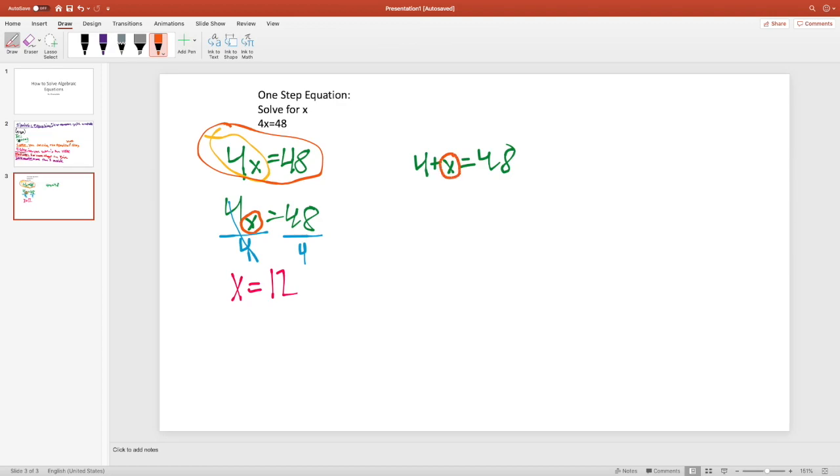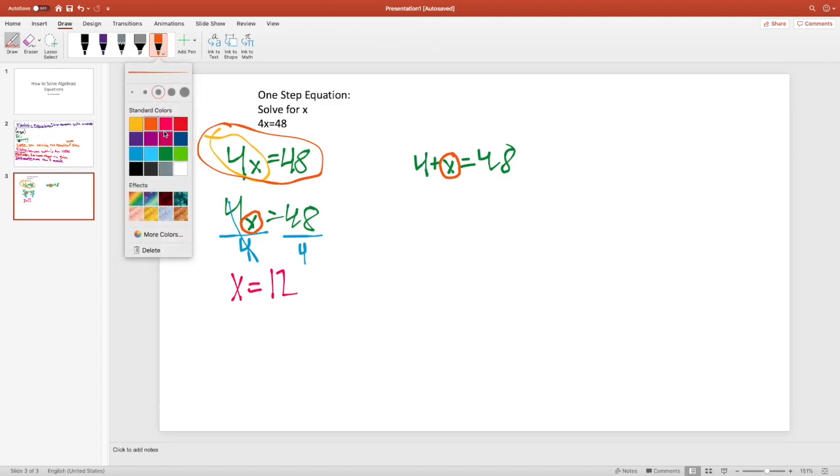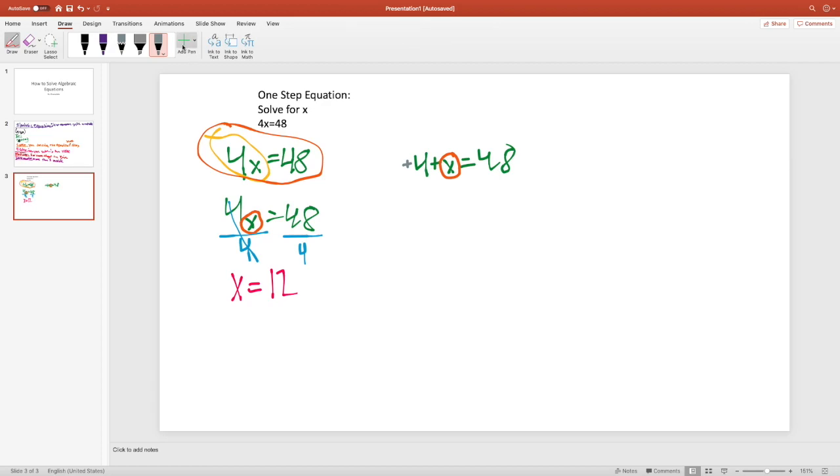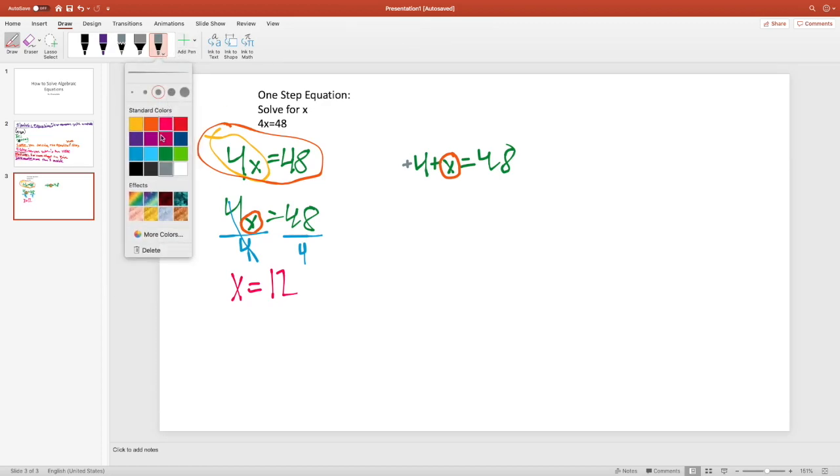Since we're doing addition, you could rewrite it x plus 4 or 4 plus x, but we're trying to take away the 4. And since there's no symbol next to the 4, we can pretend there's a plus sign there, because that won't make a difference to the equation.